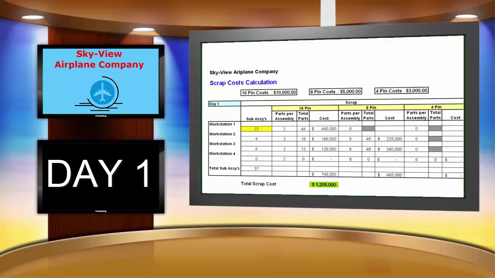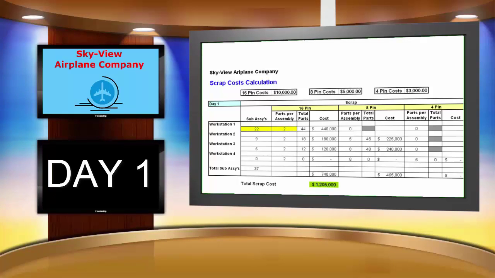Each Lego piece in our assemblies has a cost. The 16-pin pieces are $10,000 each. The 8-pin pieces are $5,000 each. And the 4-pin pieces are $3,000 each. The number of assemblies between Workstation 1 and 2 is 22.